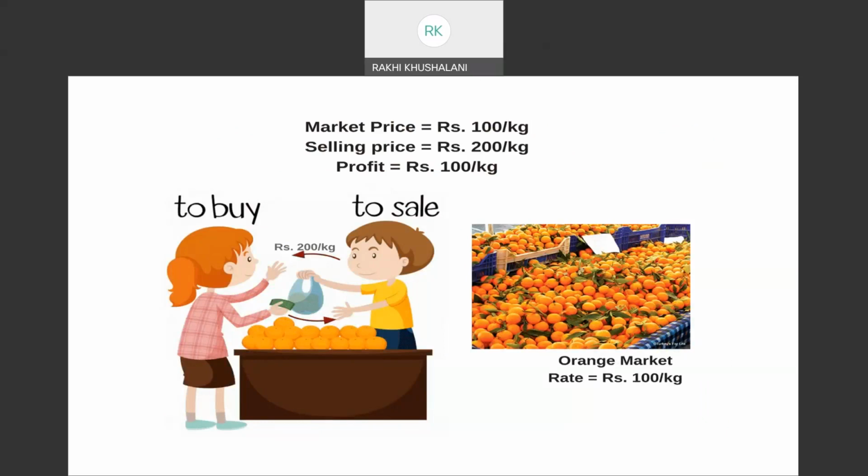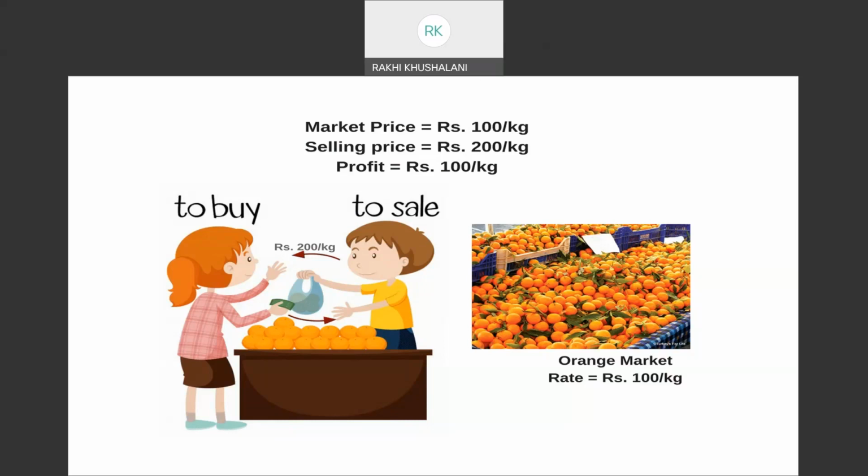So the boy is selling oranges to the girl at the price of rupees 200, though he bought them from the market at rupees 100. And he's totally gaining a profit. Gain means getting something. His gain is rupees 100 or his profit is rupees 100. So we can use the term gain in general, but the proper term for this particular element is profit.